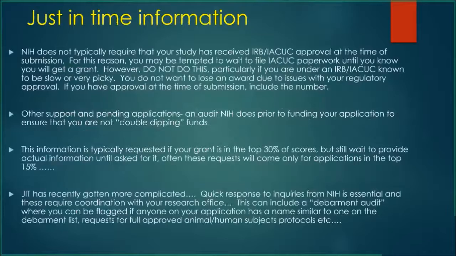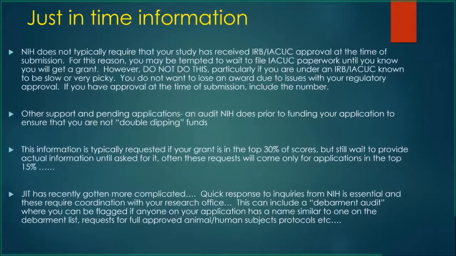Okay, so one thing that you have to consider is this idea of just-in-time information. Now, this includes things like, the NIH doesn't typically require that you have IRB or IACUC approval at the time of your grant submission. This might mean that you might be tempted to wait to get the paperwork done until you know you'll get the grant.